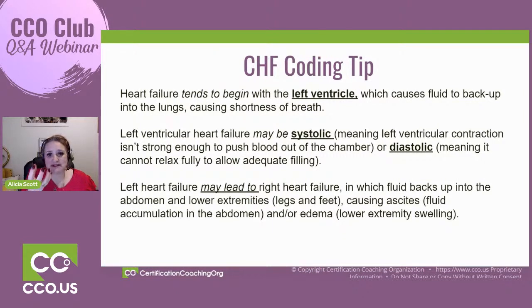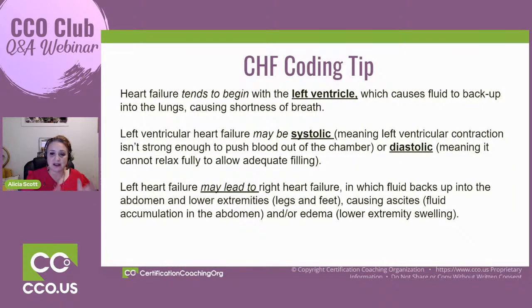And when it opens up, it sucks into the next chamber, right? So not only is it pushing, but it has to have that sucking motion to also work. So we're losing both areas of function, systolic and diastolic. Ultimately, what this leads to is right heart failure.